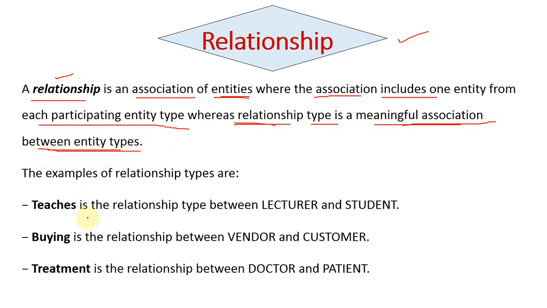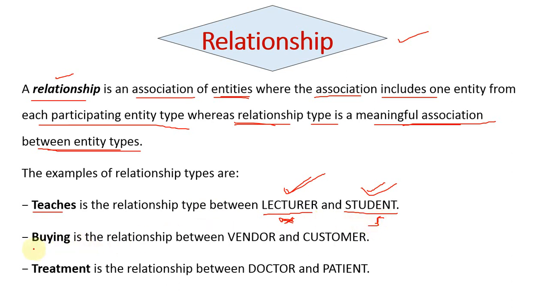For example, teaches is the relationship type between lecturer and student, between two entity types. So this is one entity type and this is another entity type. Here may be a lecturer, say X, and here may be the student, say S. So X teaches a student.